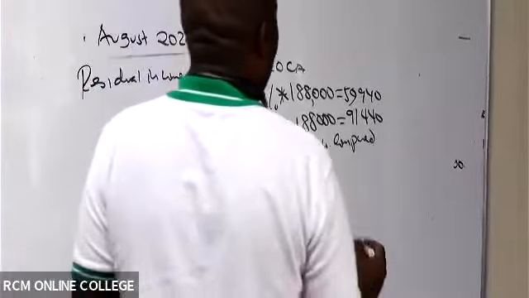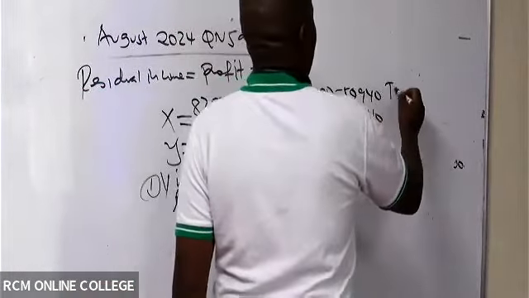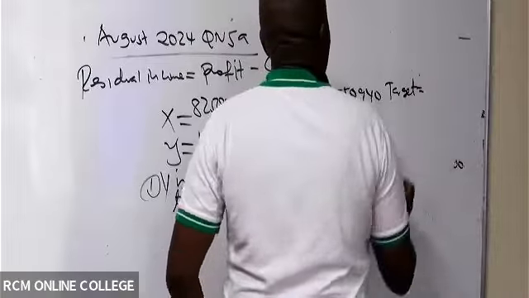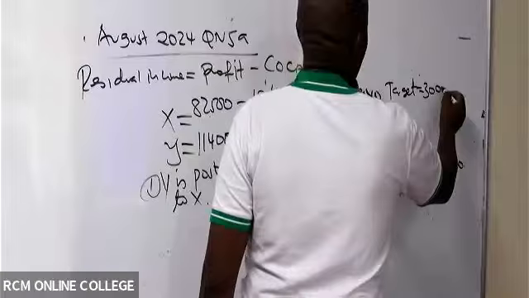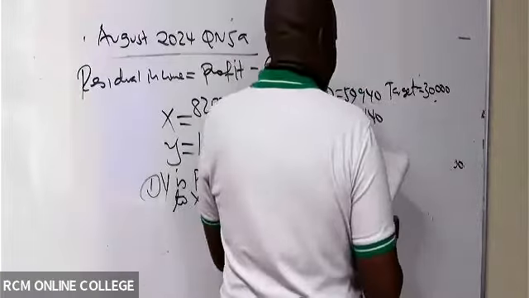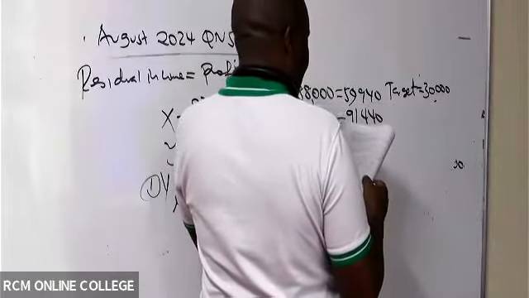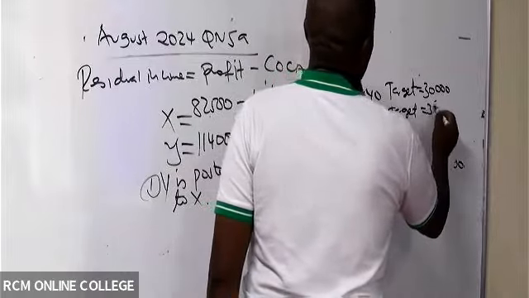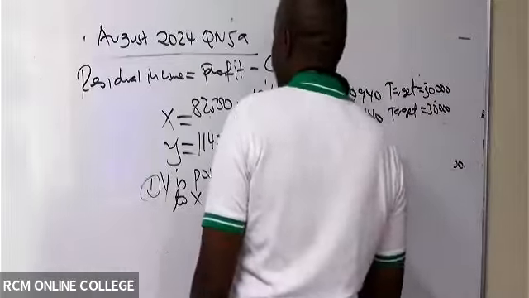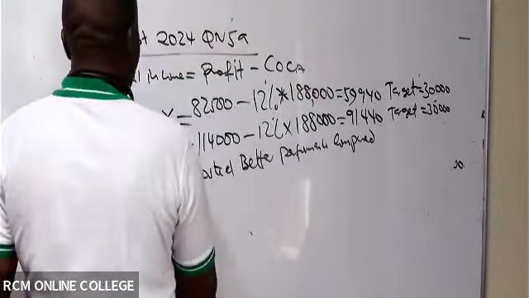So we have here target. For X the target residual income is 30,000, and for Y the target is as well 30,000. So both divisions exceeded their targets.